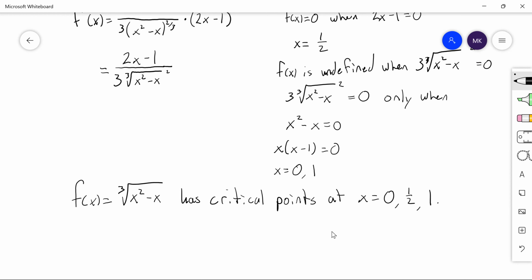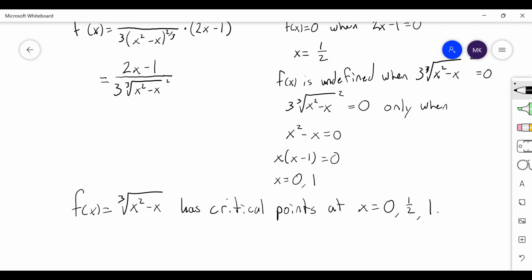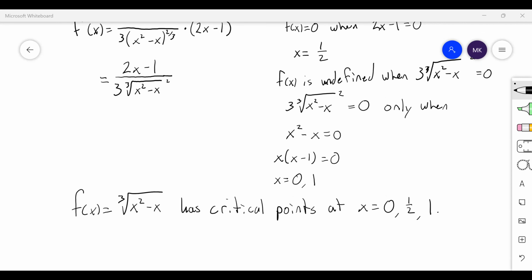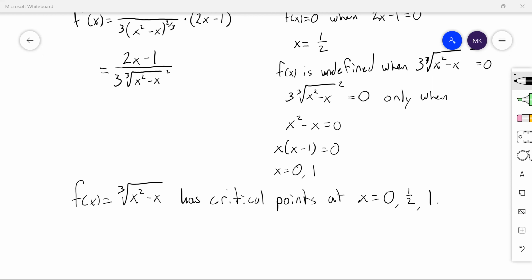So for a summary, we found these critical points by setting the numerator equal to 0 and the denominator equal to 0, and the numbers we got were our critical points. Because when we took the derivative, we ended up with a rational expression.